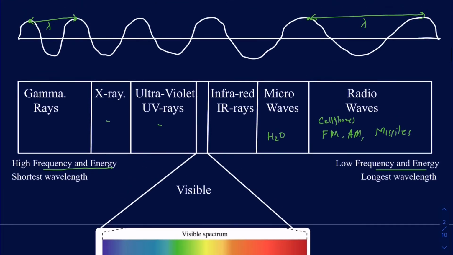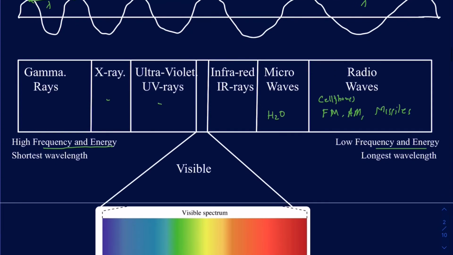The smallest radio waves are about 1 millimeter, but the longest radio waves could be as long as 100 kilometers. So they have very long wavelengths, and they are the lowest in energy out of all the radiations in the electromagnetic spectrum.